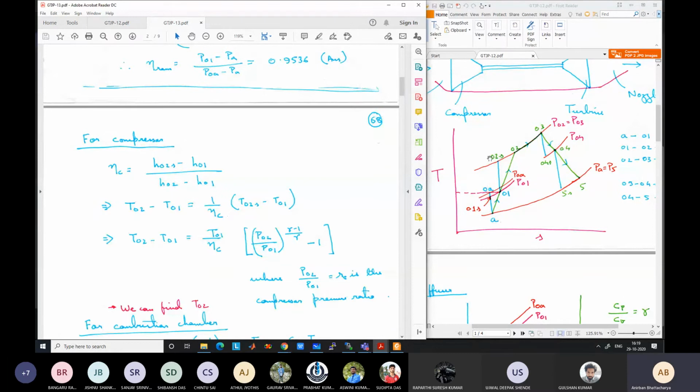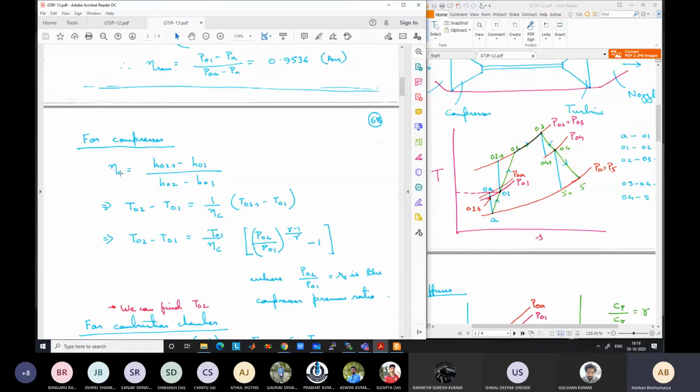For the compressor, some efficiency is generally known, the compressor isentropic efficiency. We know that it is defined as H02S minus H01 by H02 minus H01, or T02S minus T01 by T02 minus T01.